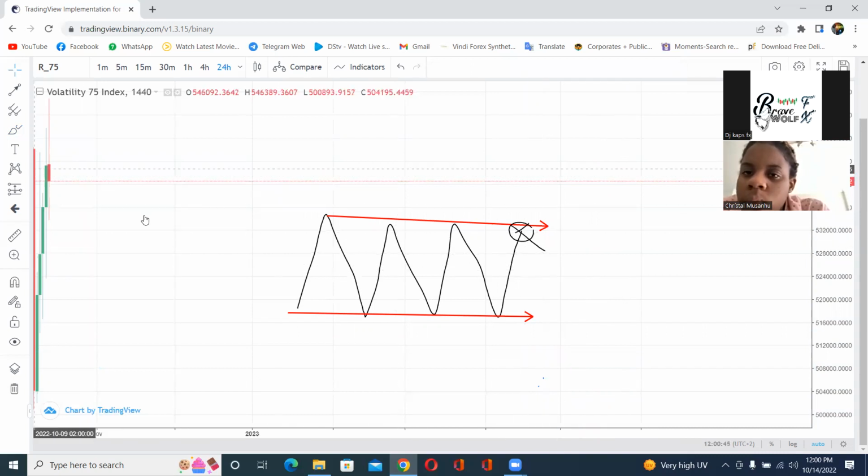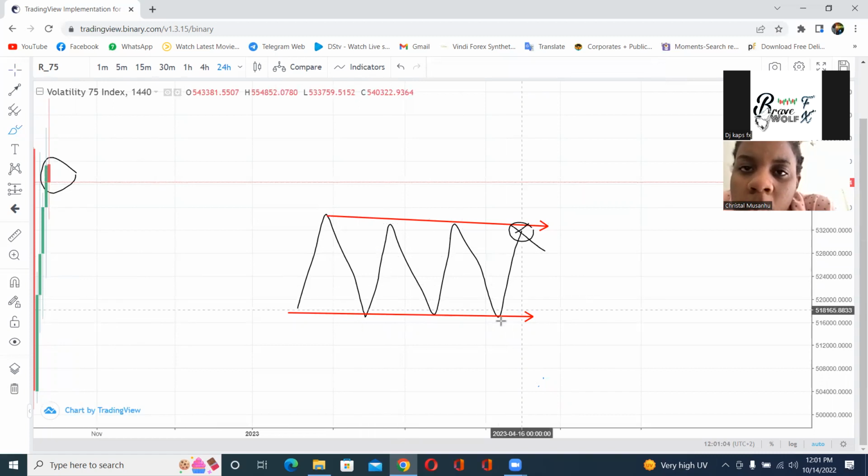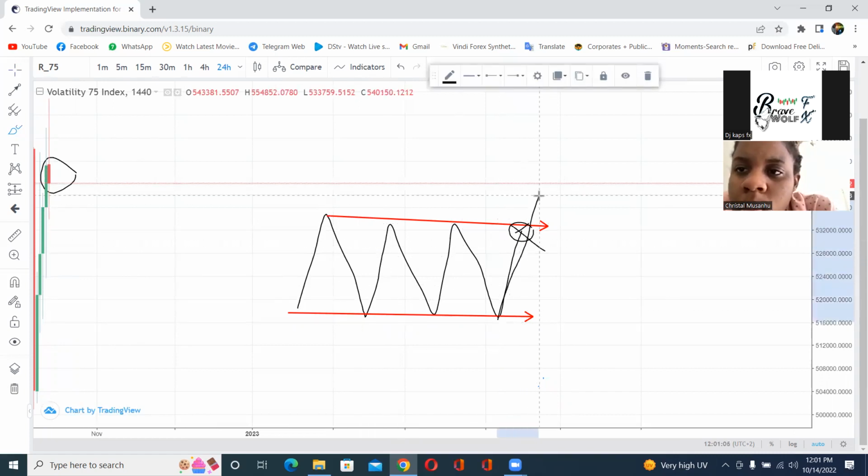I agree the market is respecting the bigger time frame. It's like what you saw on the bigger time frame, you said, okay, the market will sell. And then what happened here? You see this last spike of the 24 hours, this one. It was a buy in the time frame, going like this.